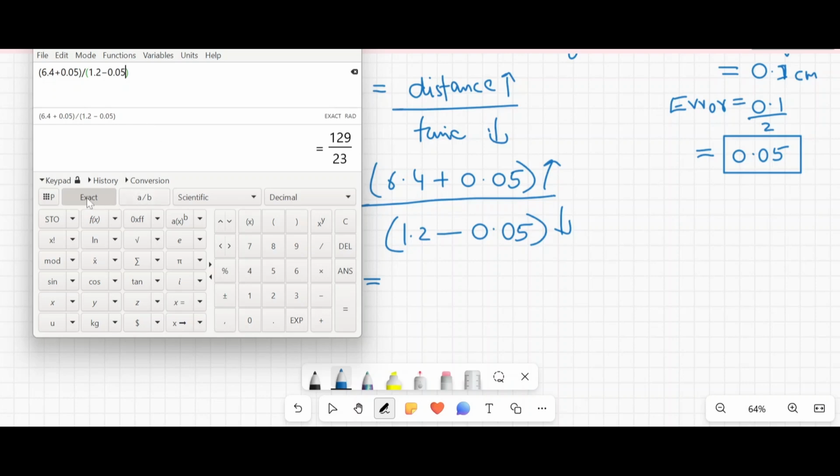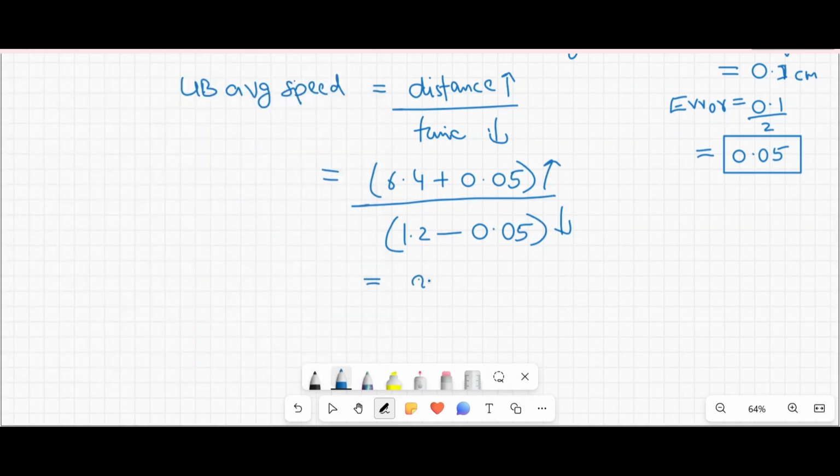So this is the answer. The answer is approximately 5.608, but this is the approximation.